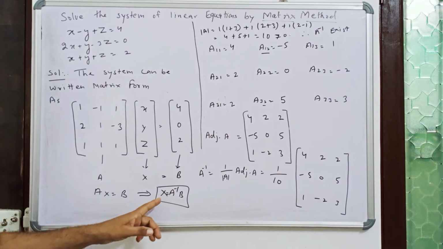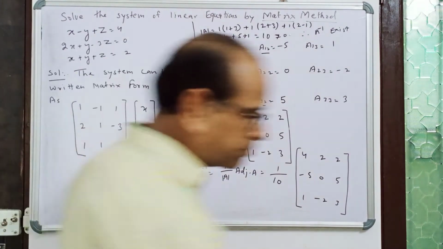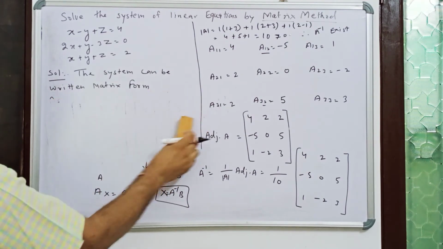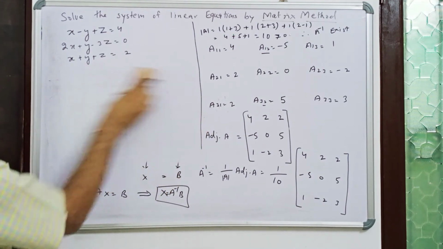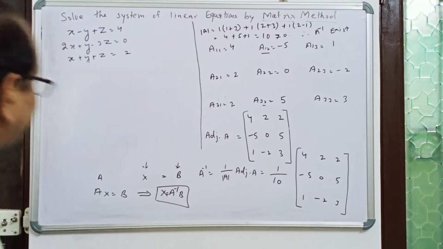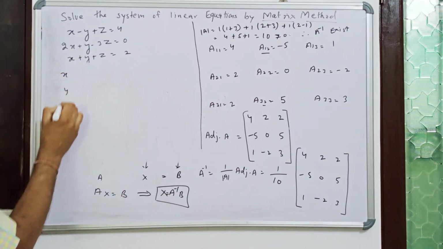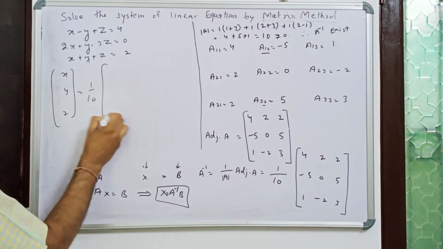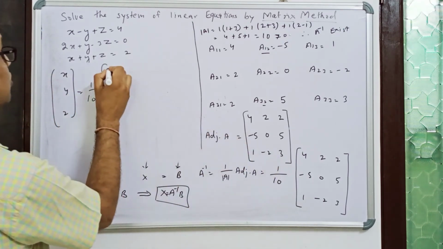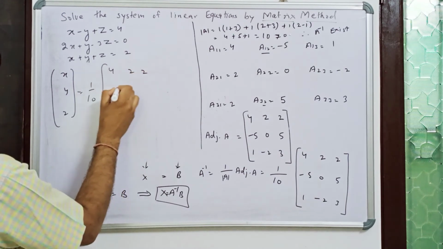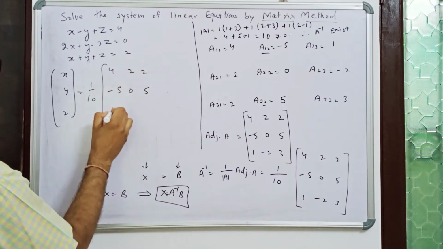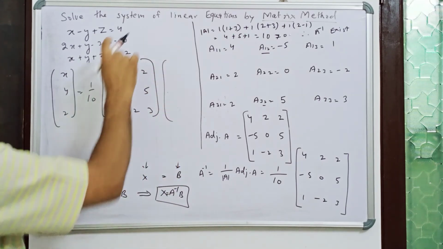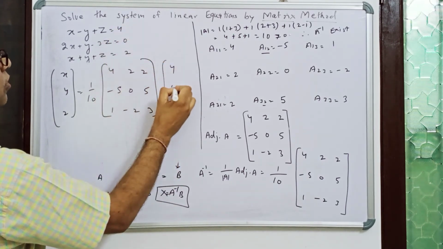Now as I told you, X equals A inverse B. So we will calculate now the value of X. Here I am writing x, y, z. This part equals 1 by 10 and A inverse is 4 2 2, minus 5 0 5, 1 minus 2 3, and then this part will be 4 0 2.